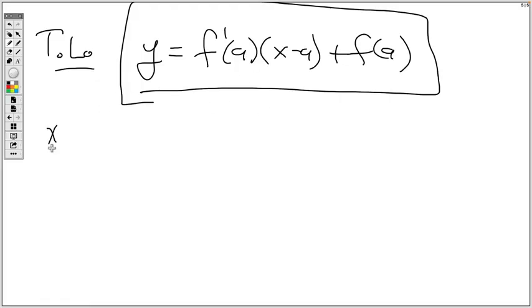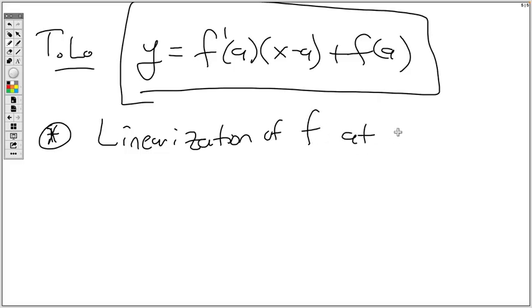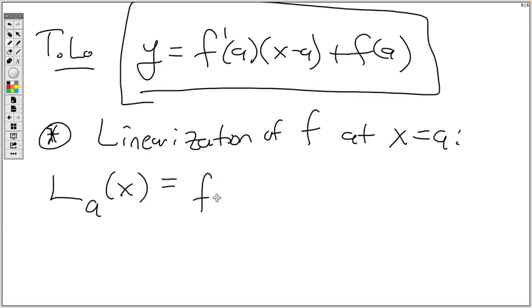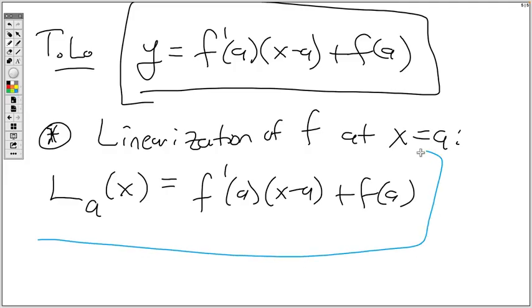The first thing they talk about in section 4.6 is they rebrand this and they call this the linearization of f at x equals a, and they call it L sub a of x. That's all they do. So when they talk about the linearization, they're just talking about the tangent line. They're just calling it something a little different.